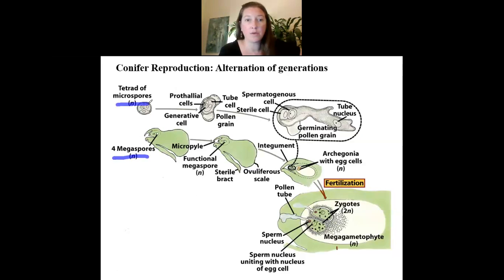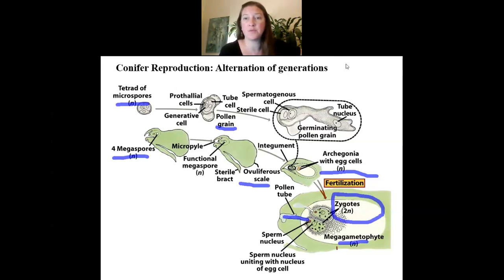Megaspore, microspore, pollen grain, archegonium, eggs, scale, female gametophyte plant, pollen tube, sperm fuses with the egg, you get a zygote, right?